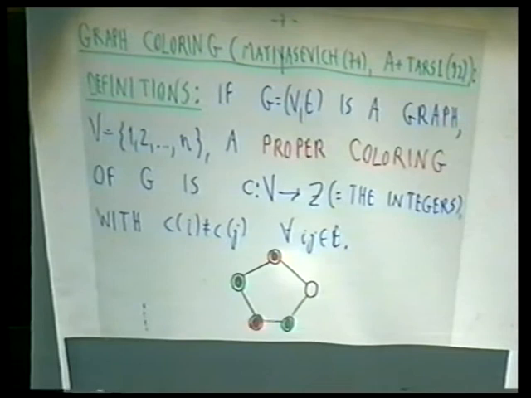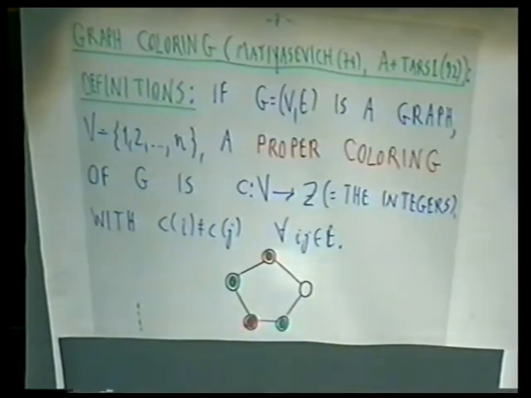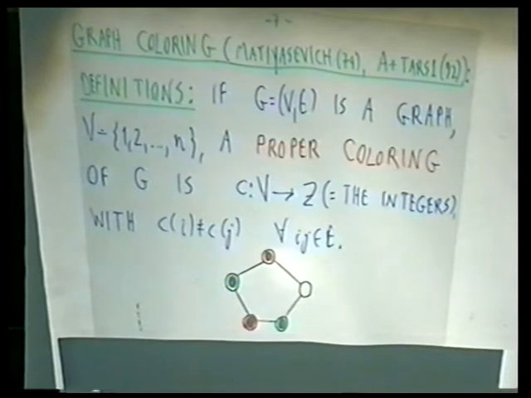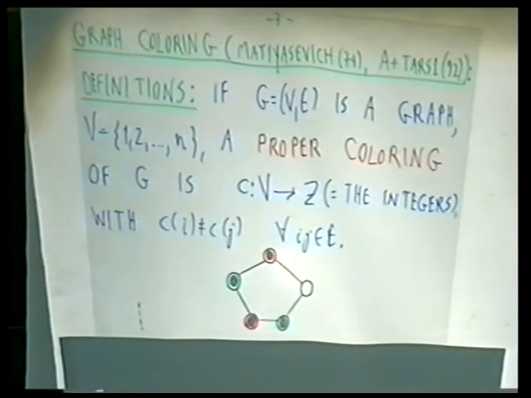So here is, again, I'll say very little about this, but I want to talk about graph coloring, so let me put the definition. When we have a graph, G, V is a set of vertices, E is a set of edges, then we call a coloring of the set of vertices, it's just a function from the vertices to the integers, let's say colors with the integers.